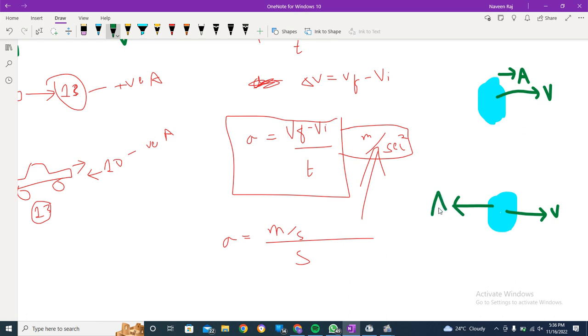This is the same thing I just explained: positive acceleration and negative acceleration. In positive acceleration the speed or velocity increases, while in negative it decreases.